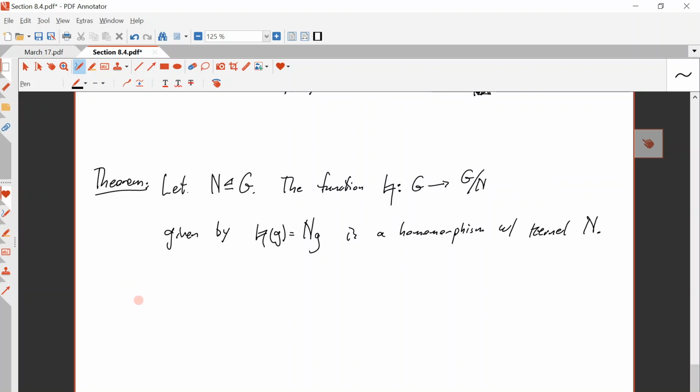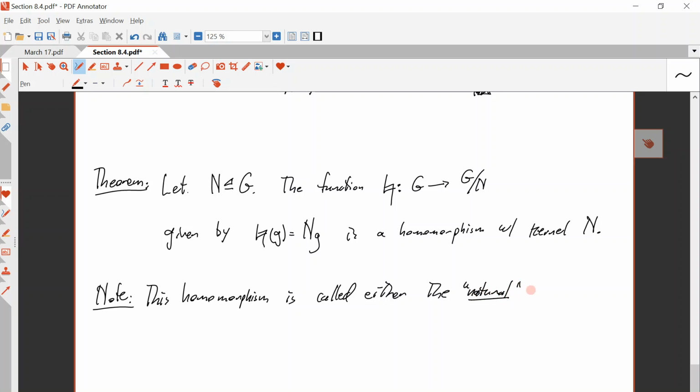Okay. Note this homomorphism is called either the natural homomorphism, or sometimes people like the word canonical.